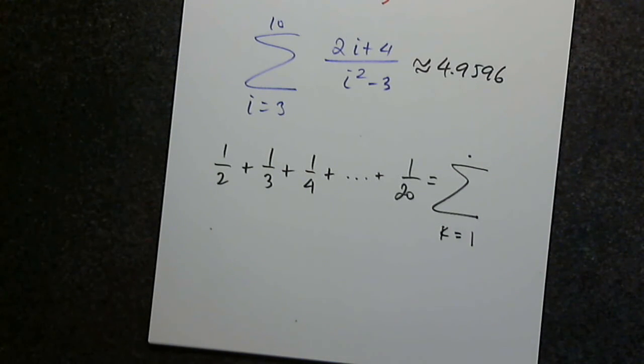Let's see what happens. The index cannot be anything else but 1, 2, 3, 4, 5. It's the number of the term. So k can start at 0, or 1, or 2, but it cannot be 1.5, it cannot be 0.5, it cannot be 3.9, because there is no term 3.9.